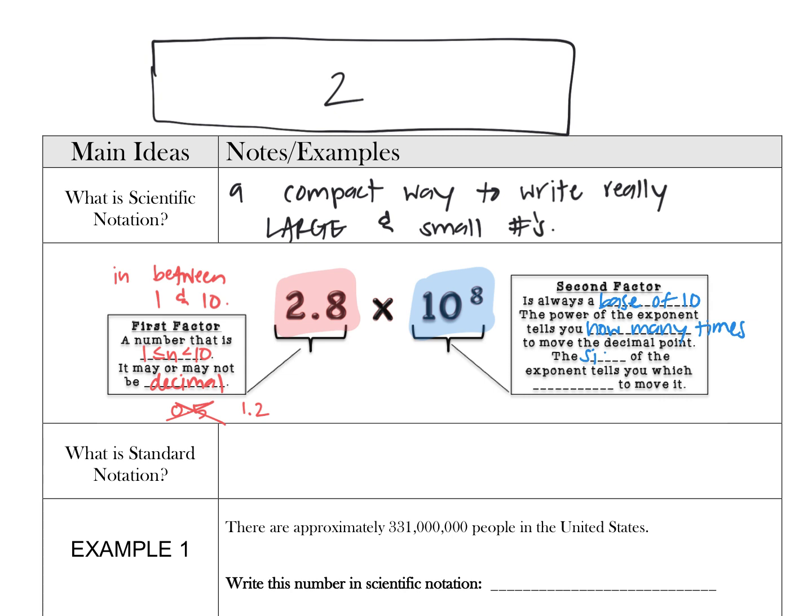The sign of the exponent, so whether it's positive or negative, tells us which direction to move it. If it's a positive exponent, you're going to move to the right, think big number. And if it's a negative exponent, you're going to move the decimal place to the left, think small number.